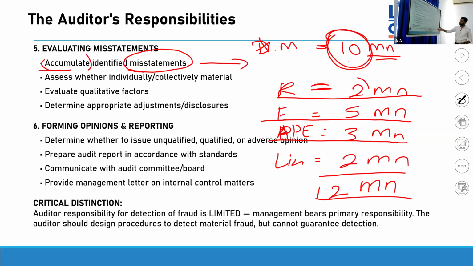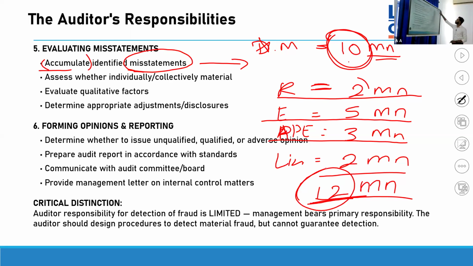Right? What happened? When we aggregate those individual misstatements, the aggregate misstatement exceeds our materiality level. If it is exceeding our materiality level, it is obvious we must modify our opinion, or else we must communicate in order to rectify these misstatements.